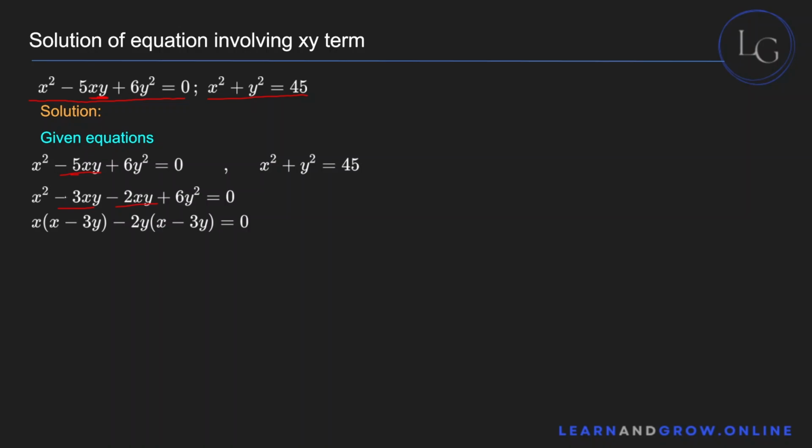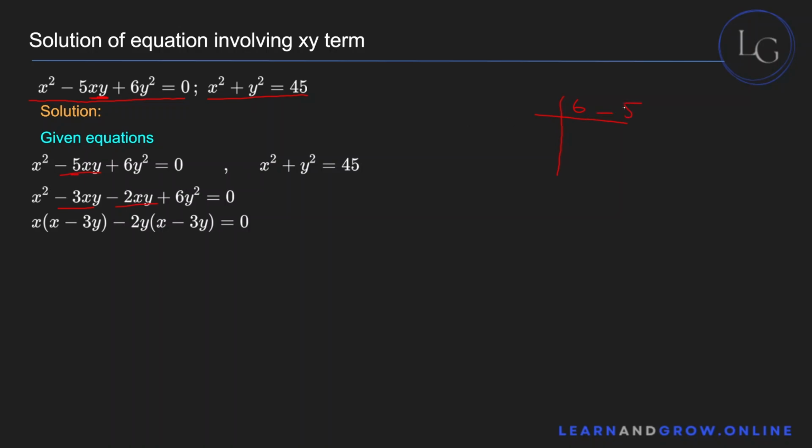So what you'll basically do is factorize this equation by the same method that you used for a normal quadratic equation in one variable. So see over here, this is 6. You'll basically use this as your C, and this is minus 5.